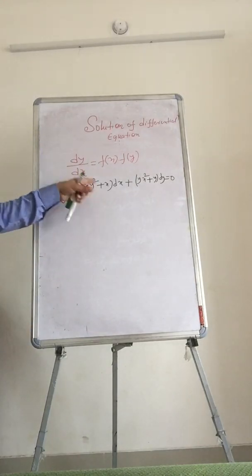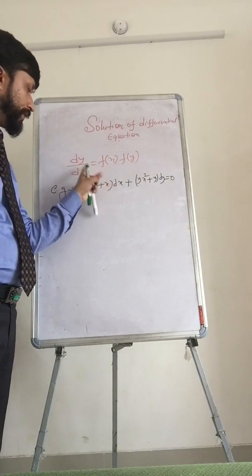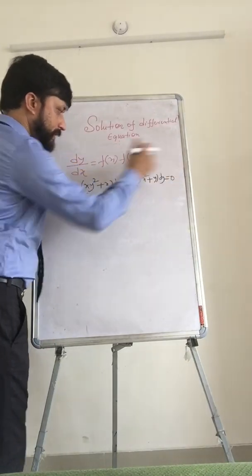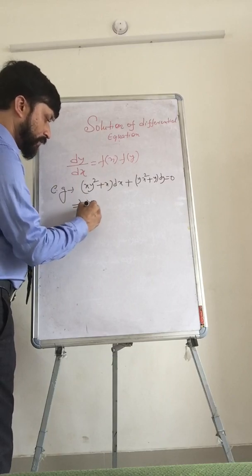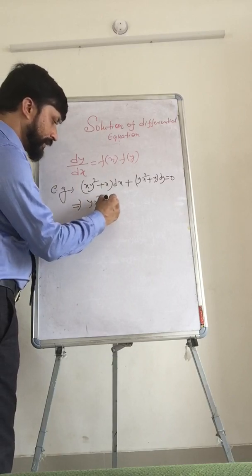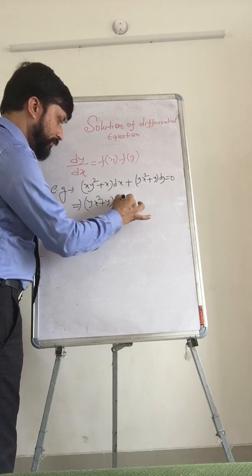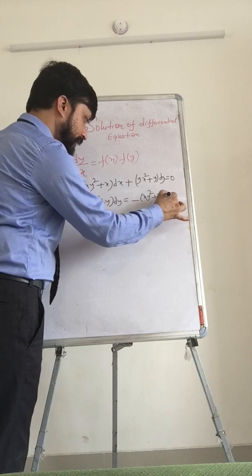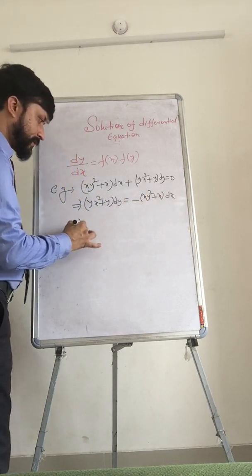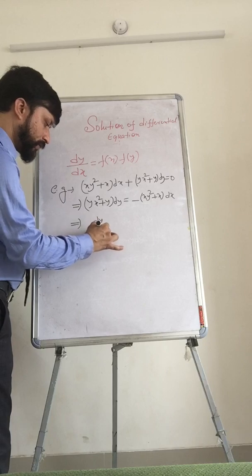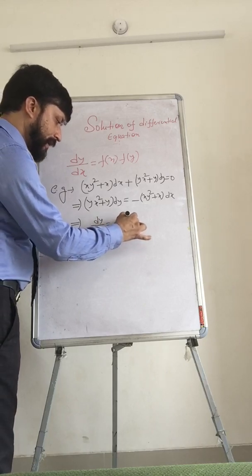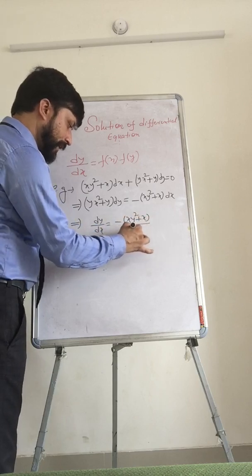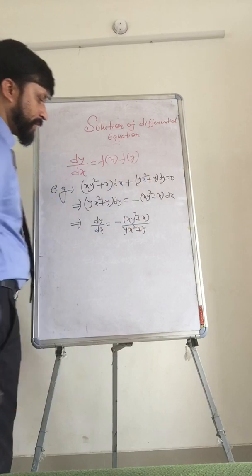First, you have to convert it into this form because it is not given that way. So what should we do? First, we take this to the other side. Then (yx square plus y) dy equal to minus (xy square plus x) dx. Next, dy/dx equal to minus (xy square plus x) by (yx square plus y).